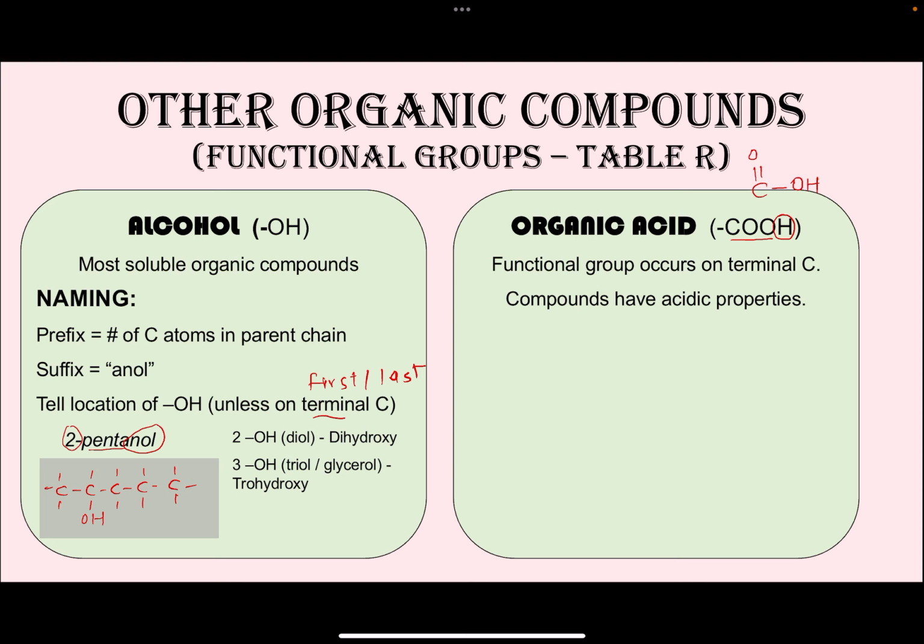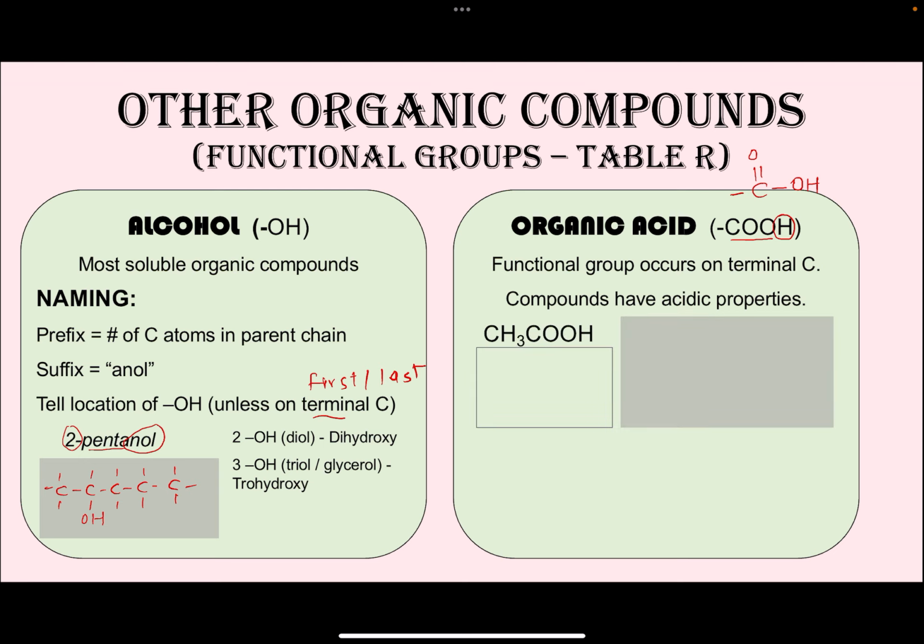And on this side, you're going to have a carbon chain or just a hydrogen, depending on what organic acid we are looking at. So the functional group always occurs at the terminal carbon. So that means when we are naming this, we don't have to include the location of where the functional group is. And because this is an organic acid, these compounds do have acidic properties.